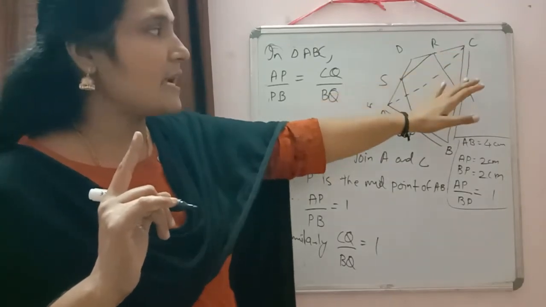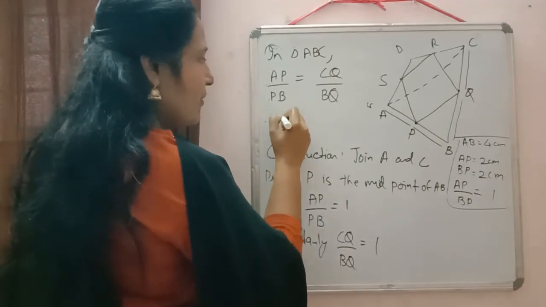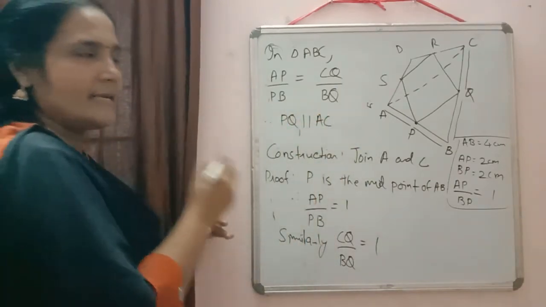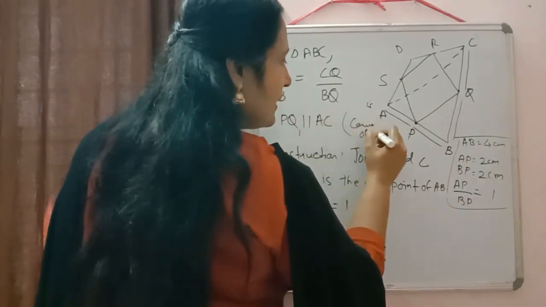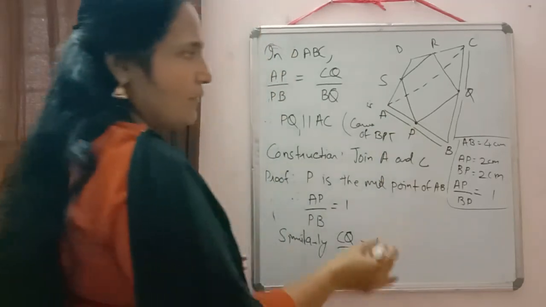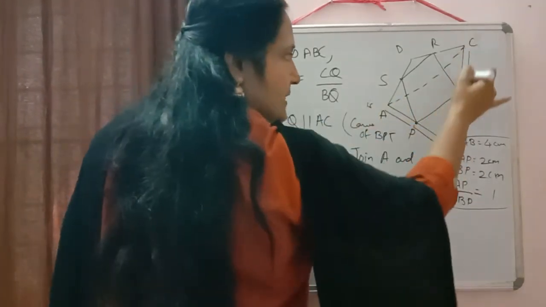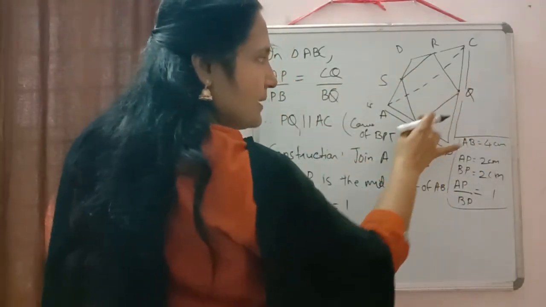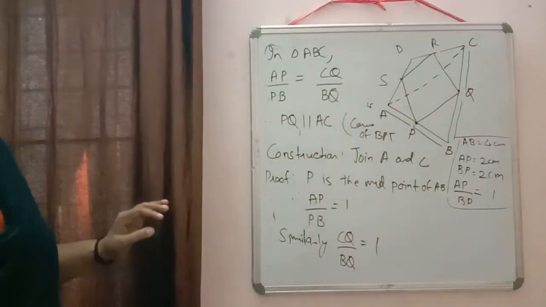What is the third side we have here? AC. So we can write here, therefore, PQ is parallel to AC. This we got by converse of BPT. We proved AP by PB is equal to CQ by QB. Therefore, by converse of BPT, we can say PQ is parallel to AC.